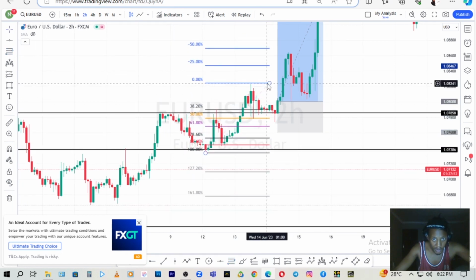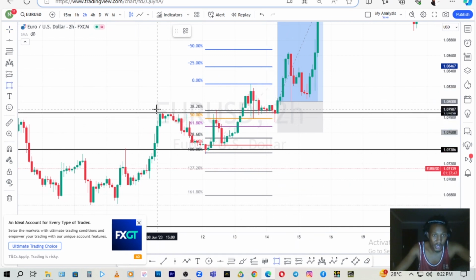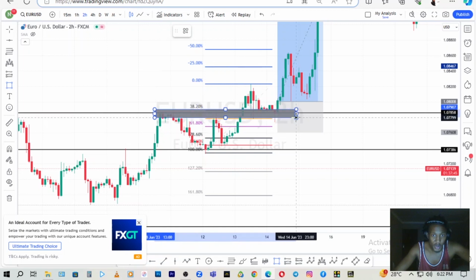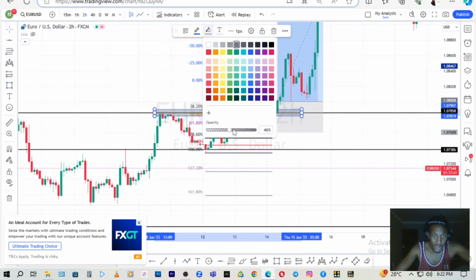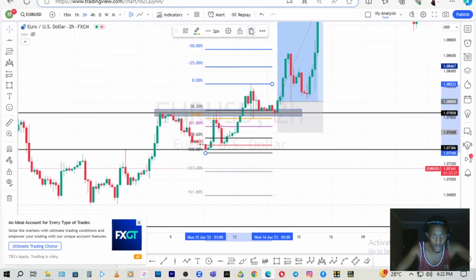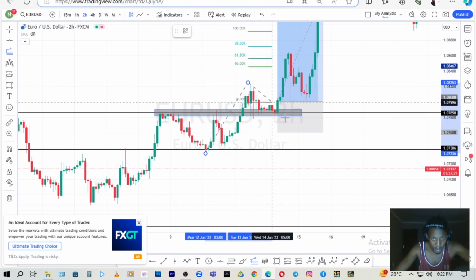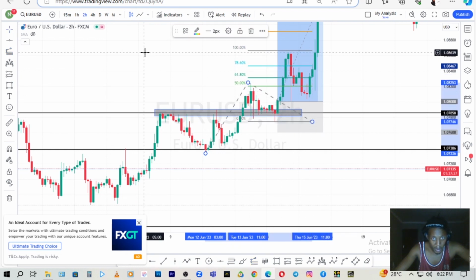Alright, this is my fib, this is my 50%. Remember what I said, also using the fib, my 50%, and also using this to see my TP levels.